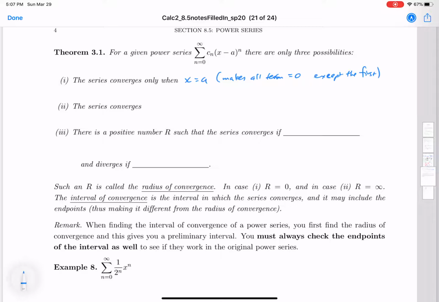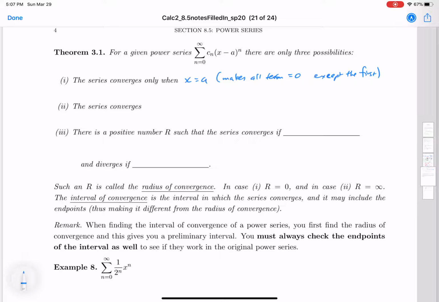Because every single thing is just a minus a, so that's 0 to whatever power. 0 to the 0 power is undefined, so this is a little bit weird as to what exactly it would converge to, but it would in fact converge. You really just have your leading entry there.